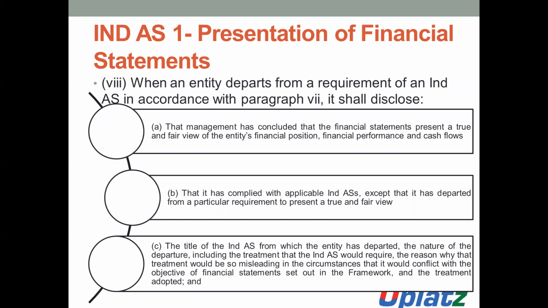Point 3 is the title of the IND AS from which the entity has departed, the nature of the departure, including the treatment that the IND AS would require, and the reason why that treatment would be misleading in the circumstances that it would conflict with the objective of financial statements set out in the framework, and the treatment which is adopted will also be disclosed.